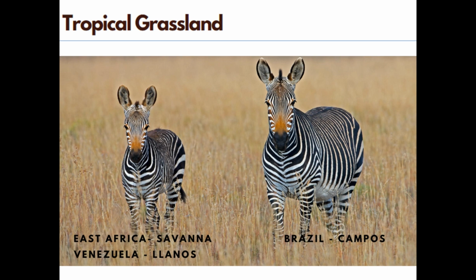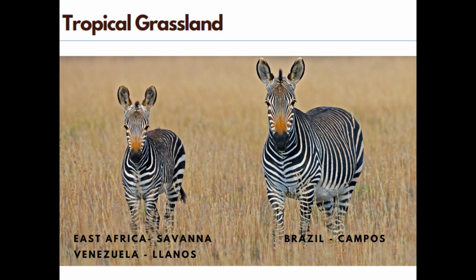Now let's move to the second natural vegetation, that is grassland. There are two types in grassland. They are tropical grassland and temperate grassland. Tropical grasslands are on both sides of the equator and they go till the tropics. These grasslands grow in areas where the rainfall range is moderate to low. Here the grasses are tall and they grow up to 4 meters.